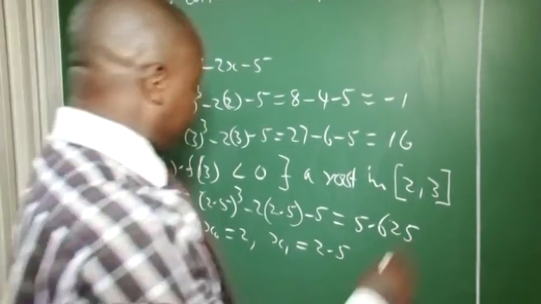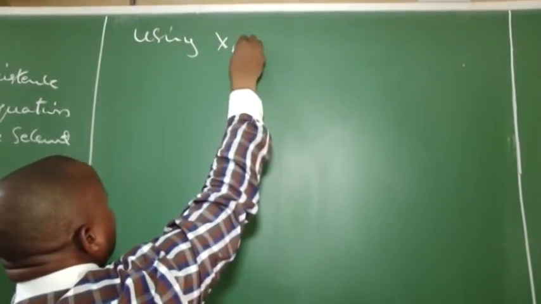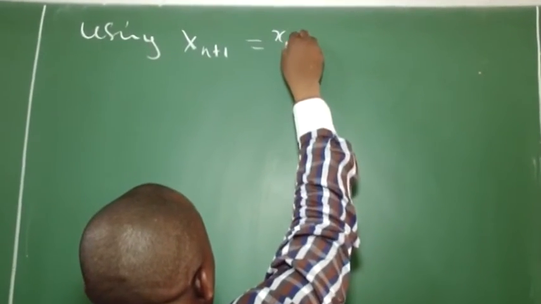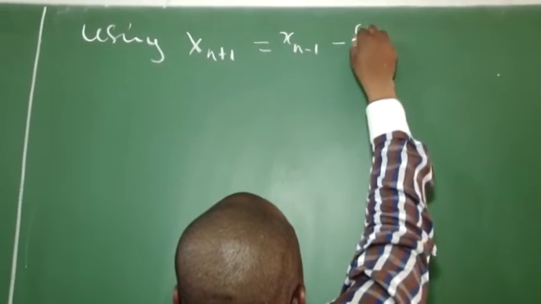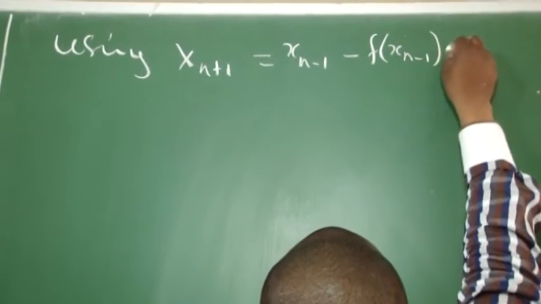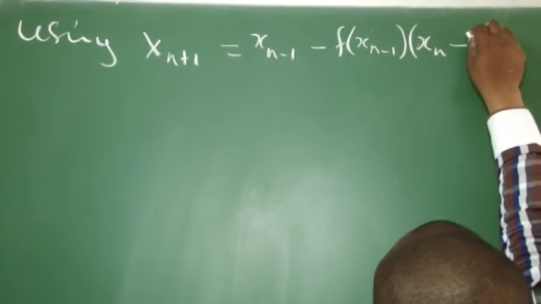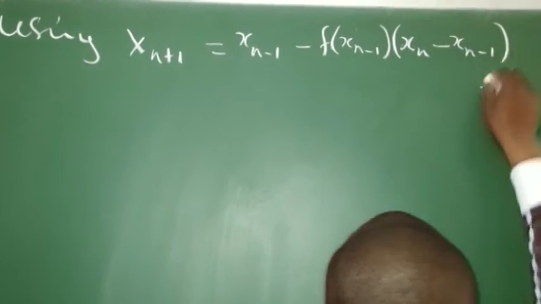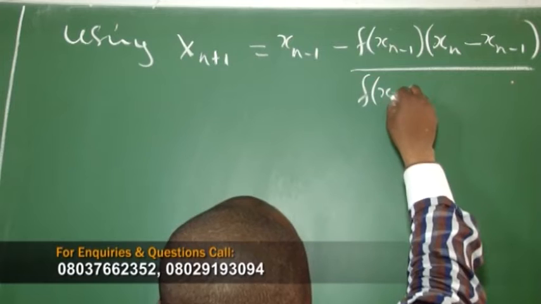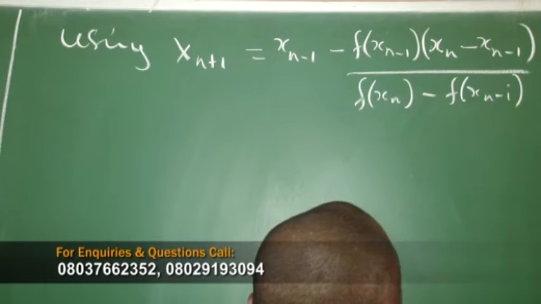Yes, so that using x n plus 1 equal x n minus 1 minus f of x n minus 1 times x n minus x n minus 1 over f of x n minus f of x n minus 1.